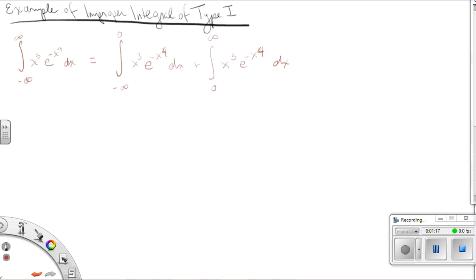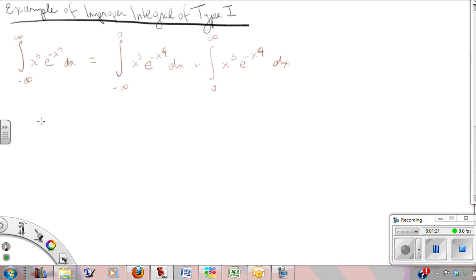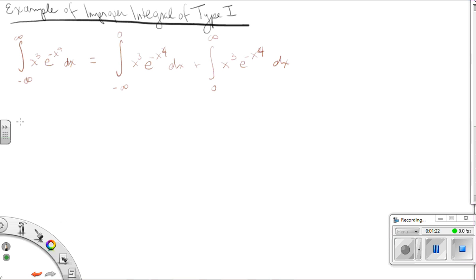Let's look at the first one. So we're going to look at the integral from negative infinity to 0 of x cubed e to the minus x to the fourth dx.